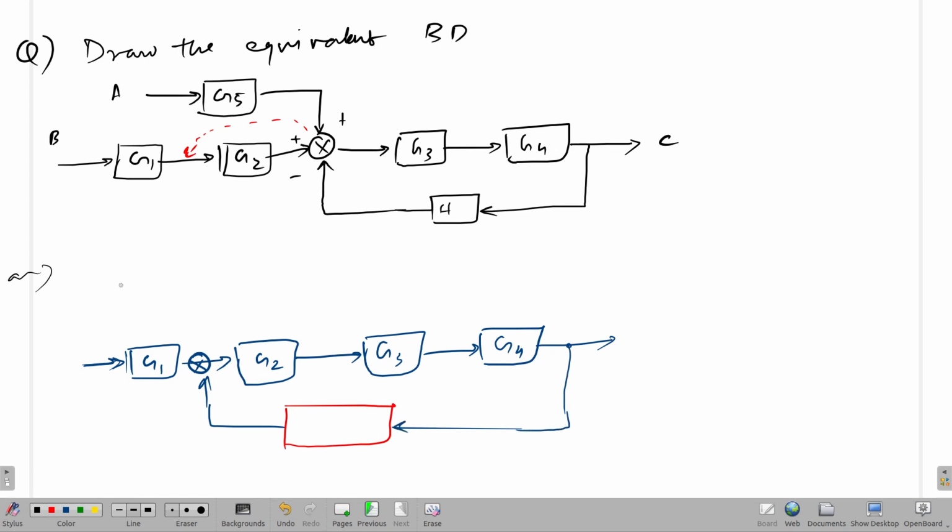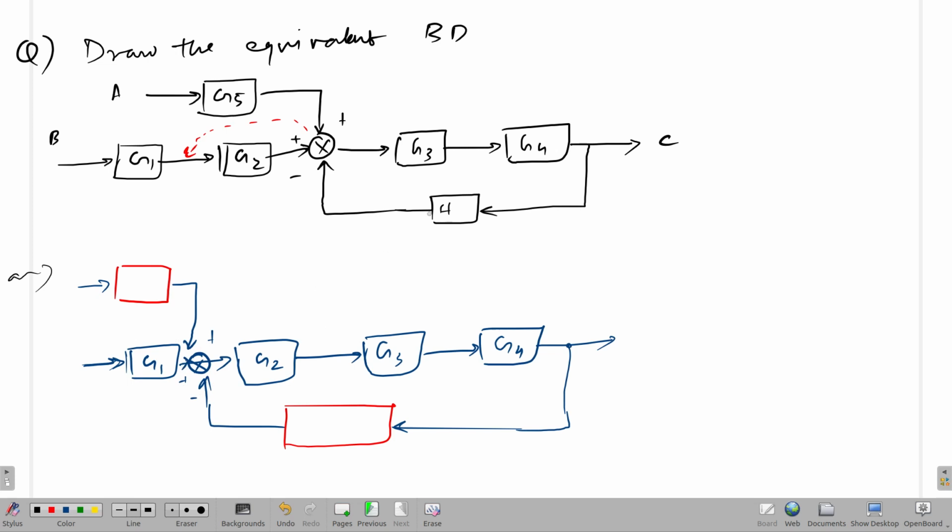And in this one, sorry, will come here. Okay, plus minus. Okay, let that be, that is not of significance right now.